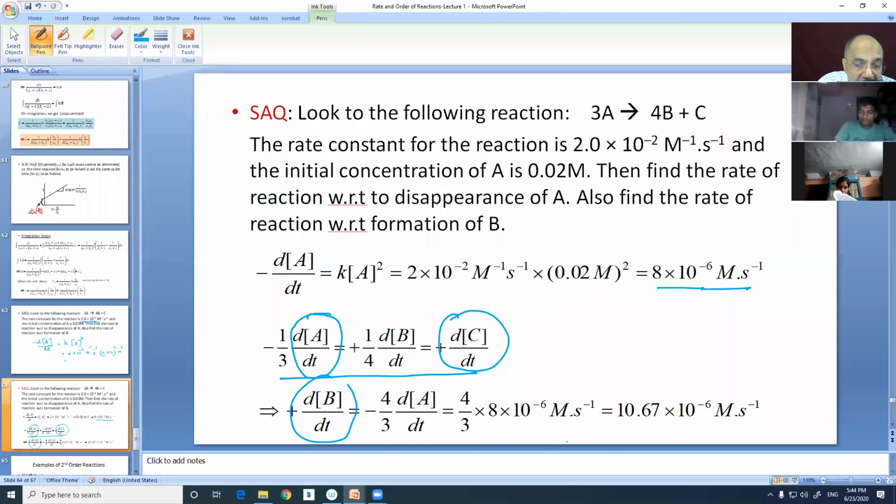So this is the rate of formation of B, because the stoichiometry demands that the formation of B will be 4 by 3 times greater than the disappearance of A.